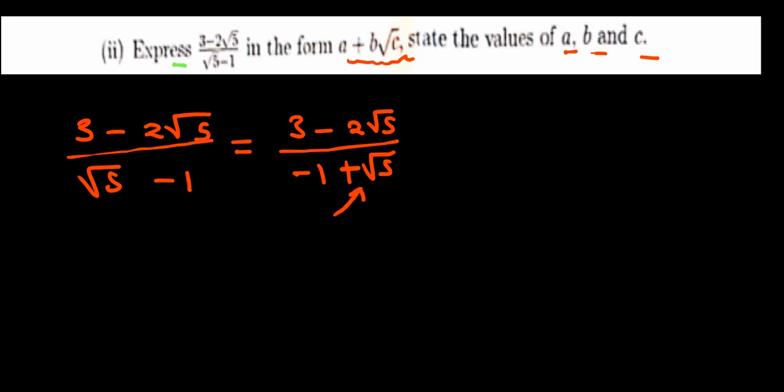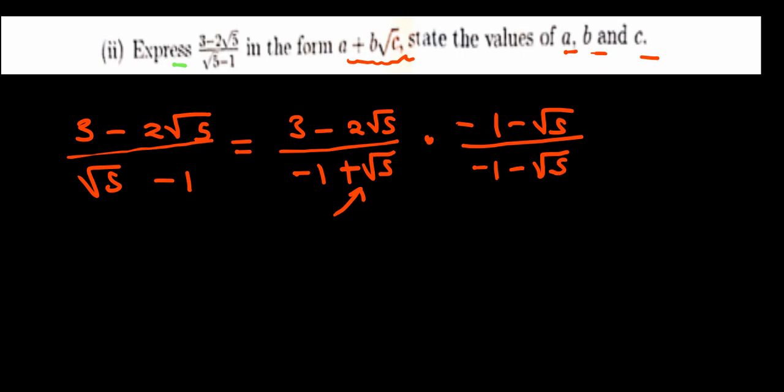So we're going to multiply by minus 1 minus root of 5, the conjugate of the denominator, over minus 1 minus root of 5.